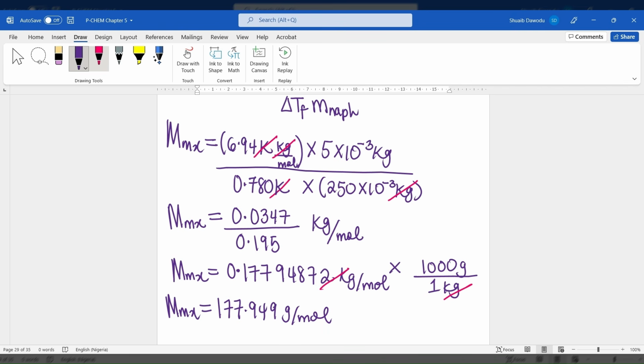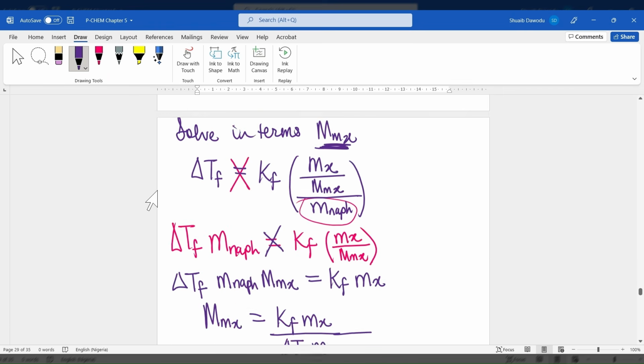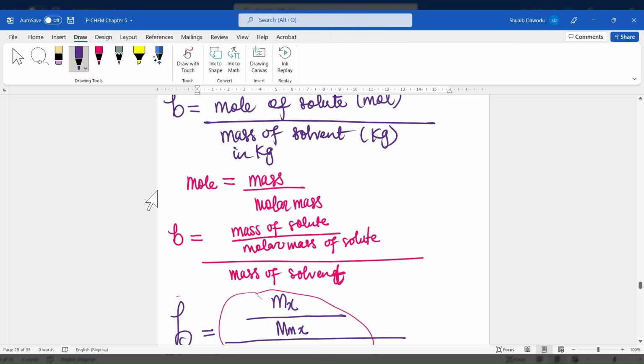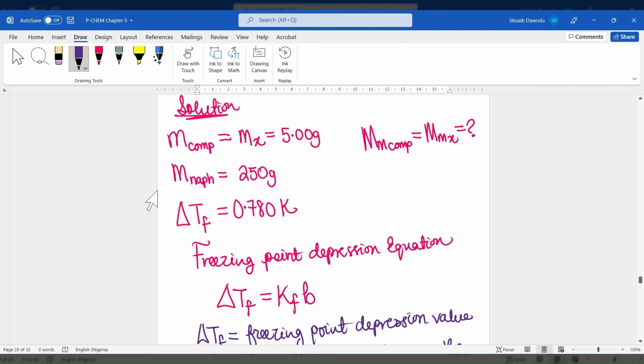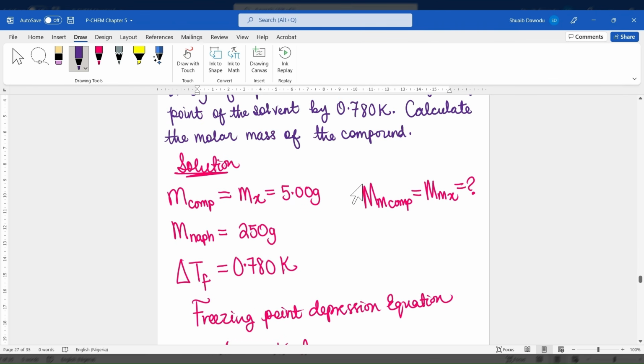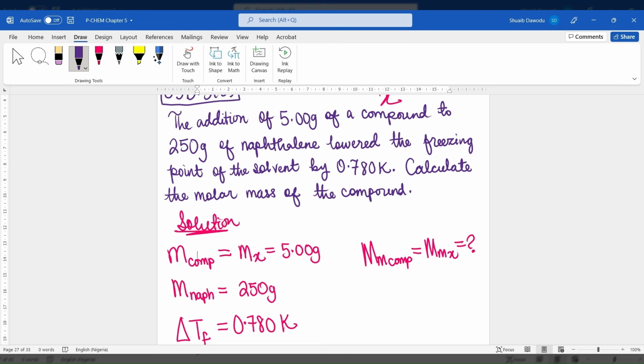But then again, we're scientists, we're chemists, we have to put our work in the proper number of significant figures. So when we go back up, we have to see what is the lowest number of significant figures given to us in the question that was used to solve it. Looking at the numerical values, we've got 5.00 in 3 sig figs, we've got 250 in 3 sig figs, and we've got 0.780 in 3 sig figs.